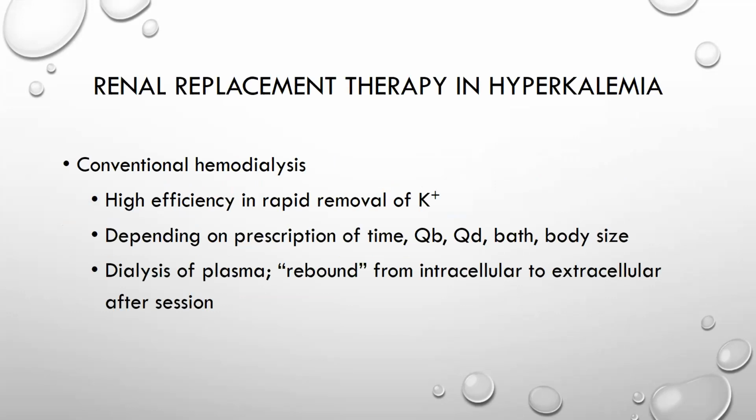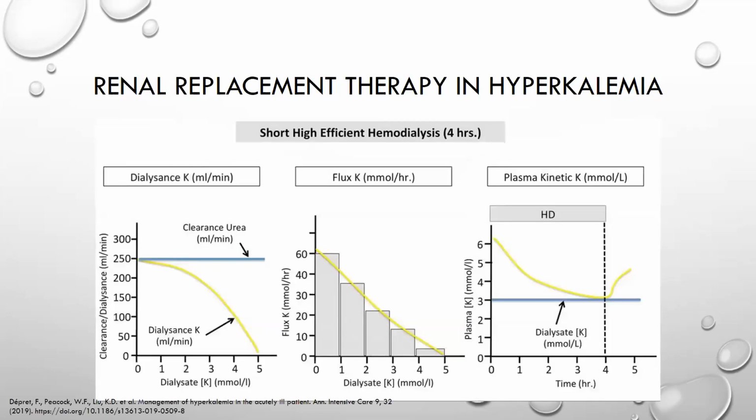Remember, when we're dialyzing someone, we're dialyzing their plasma, not their whole body. You can't put a catheter inside cells and take that out. So you're going to have a rebound after you stop, from intracellular to extracellular shift of your solutes.